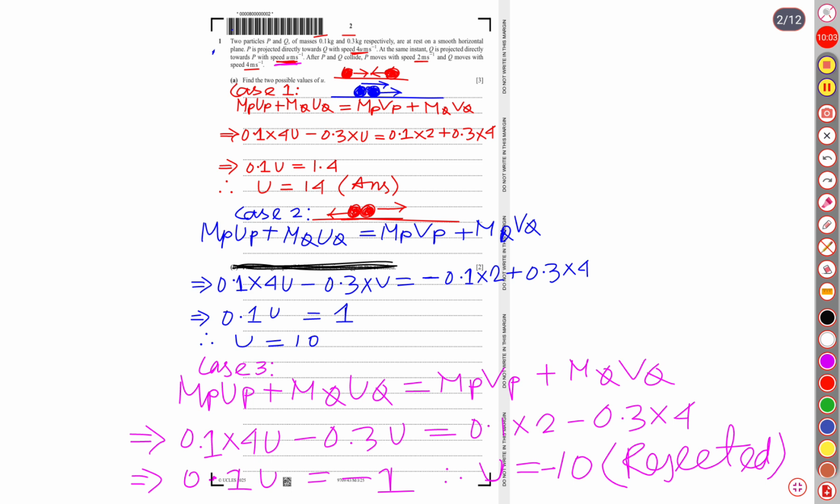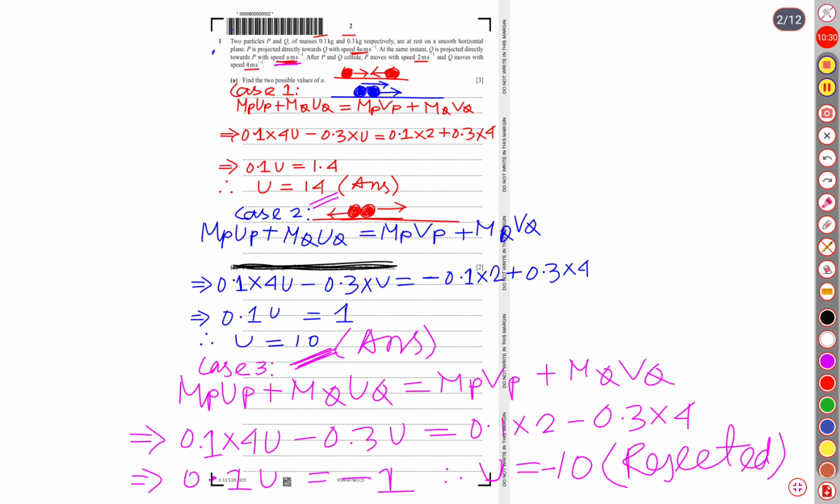Negative value of u is rejected. So what are the possible values we can take? We can take u is equal to 10 and u is equal to 14. So let us write here the answer. These are the two possible values of u, and the other two values will be negative, which is rejected. I think you got my point.